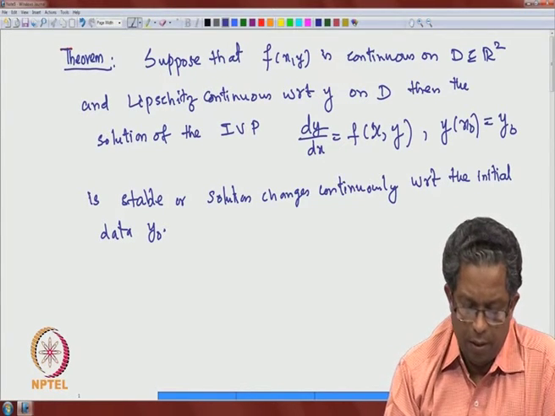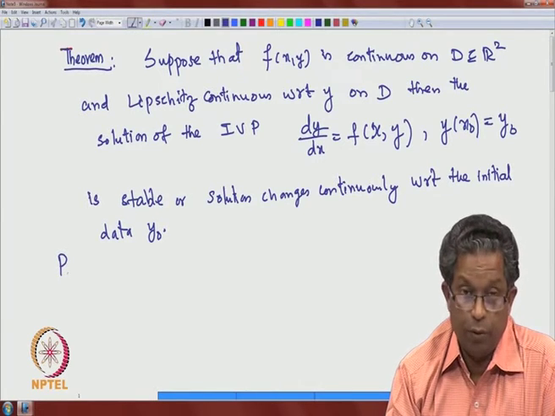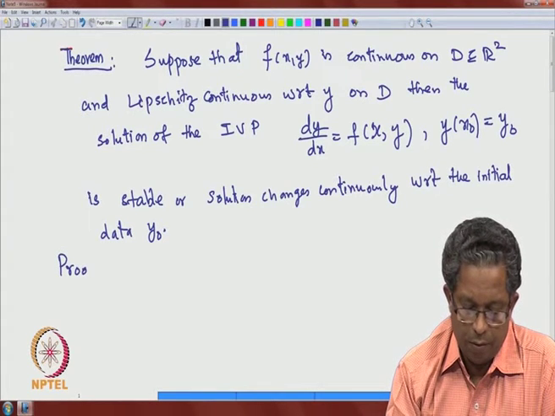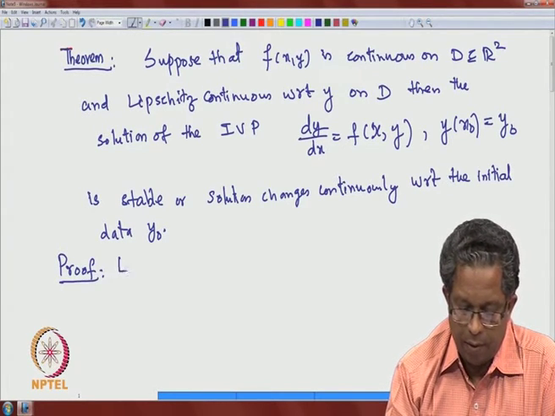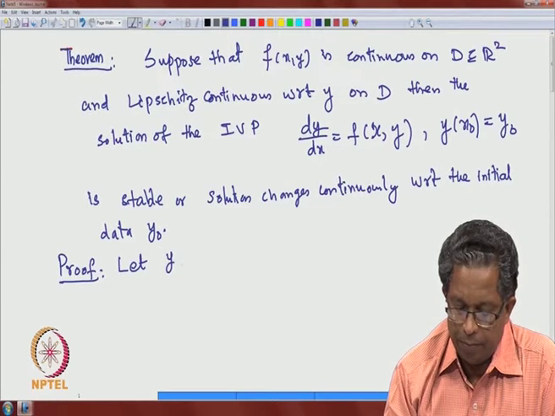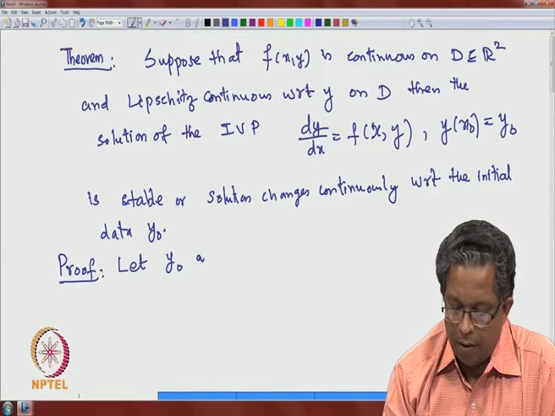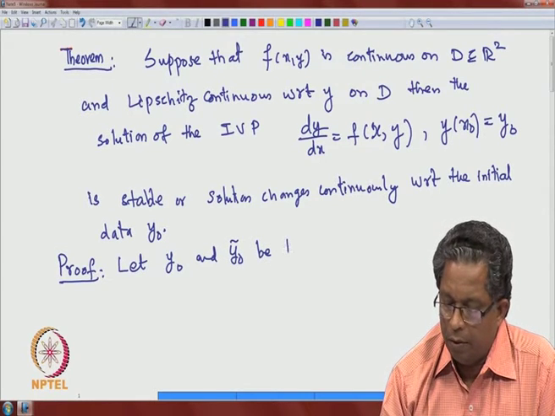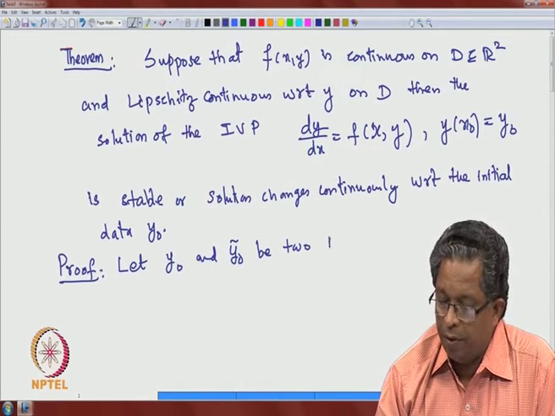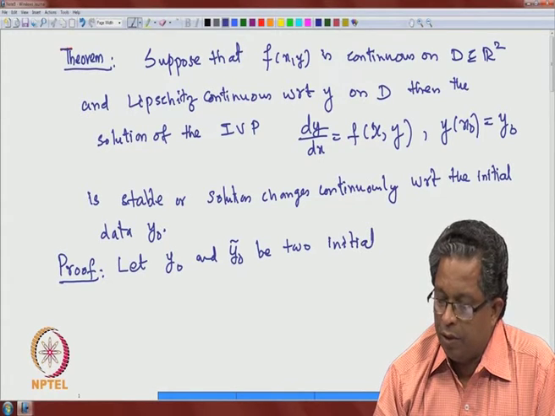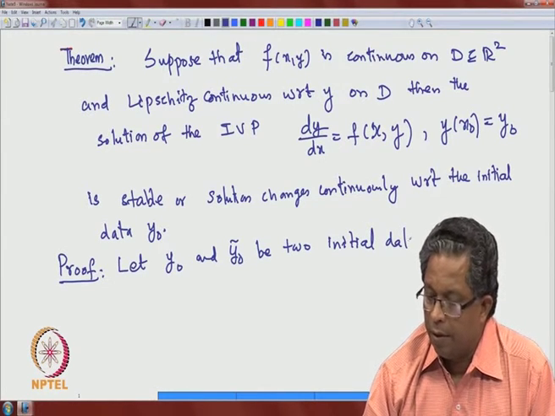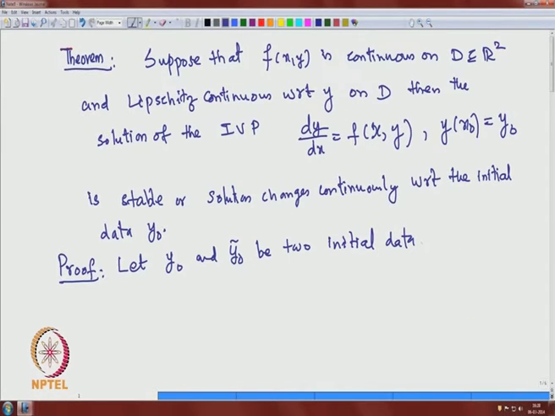So, the proof is straightforward by using Grunwald's inequality. Proof: let y0 and y0 tilde be two initial data points.